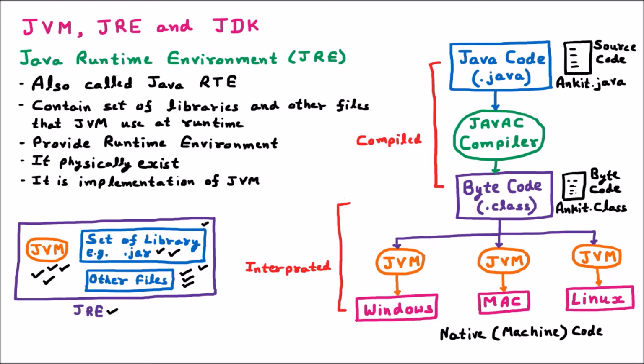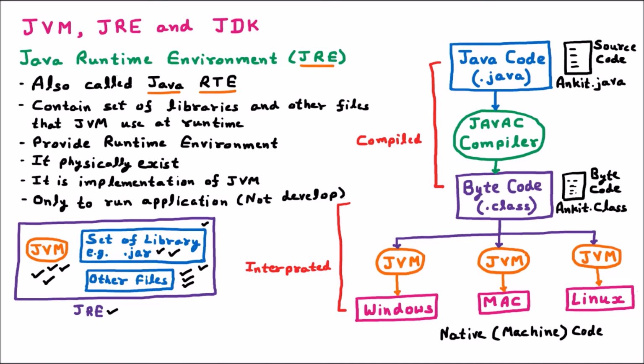As we know, JRE is the implementation of JVM and it also provides the runtime environment. So JRE is only used for running the application. It is not used for developing the application. So here we have learned that JRE is the Java Runtime Environment. This is also named Java RTE, meaning Runtime Environment.